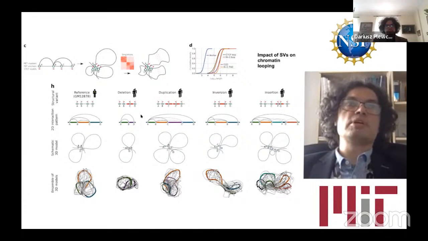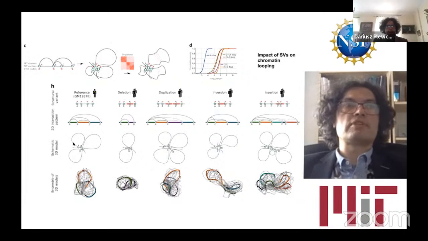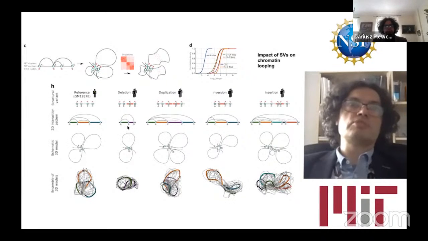If, for example, by a deletion you remove the C segment, so the anchor which harbors two chromatin loops, then those chromatin loops vanish and you have changes in the schematic 3D model, from the model which has all four chromatin loops to the model which has only two.